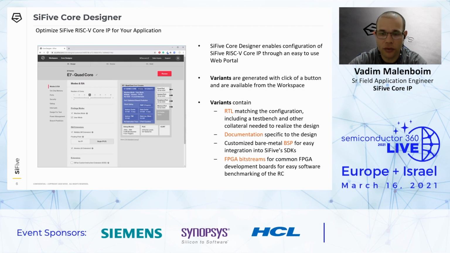At the end of the configuration process, the core is generated on a SiFive server, and you get an IP delivery, which includes the core RTL, documentation describing the core and how to integrate it into your design, and an FPGA bitstream for several FPGA boards that we support out of the box.